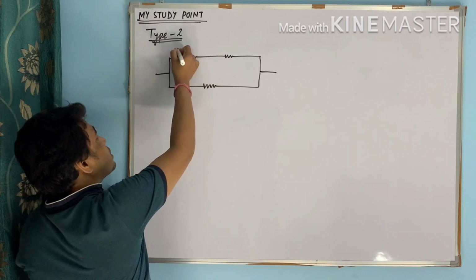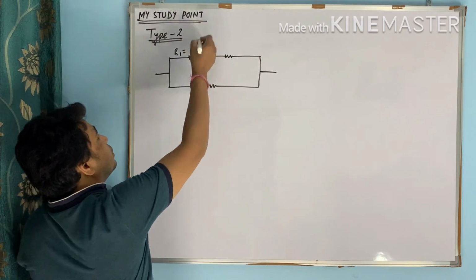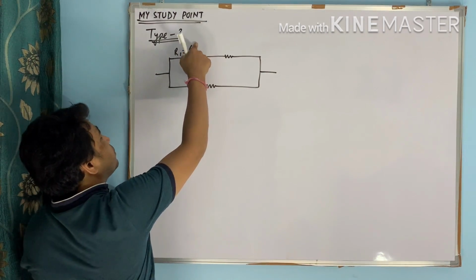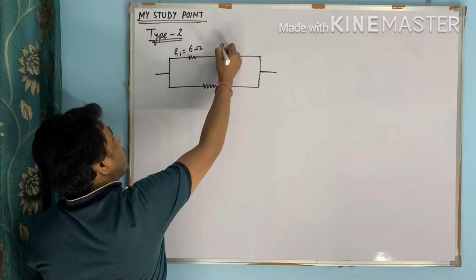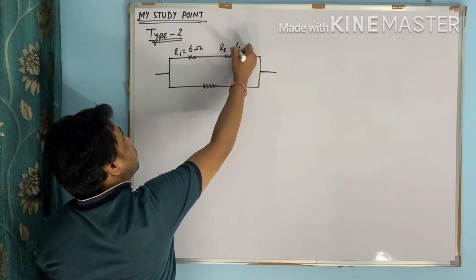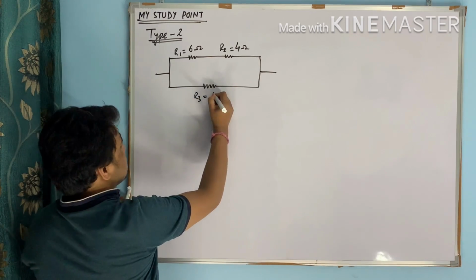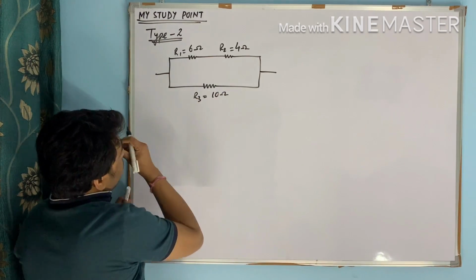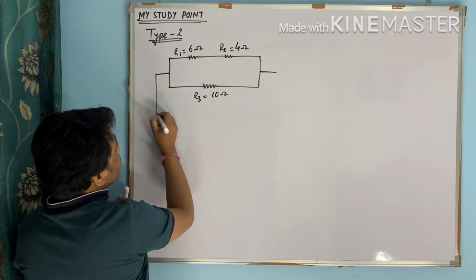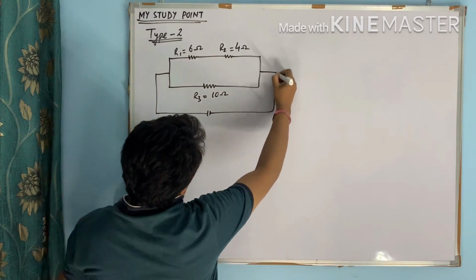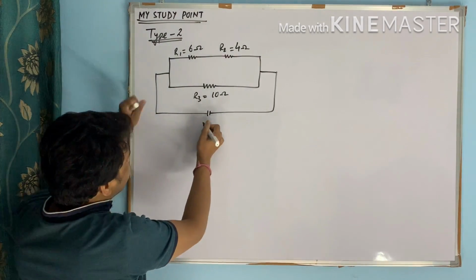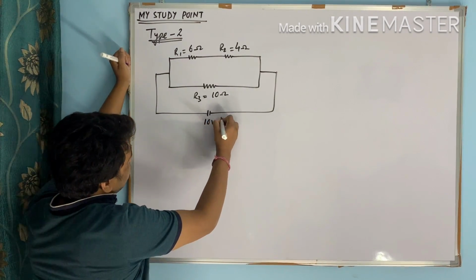First one is 6 ohm, second one is 4 ohm and R3 is 10 ohm. A very simple question. The whole circuit is connected to a battery of 10 volt.